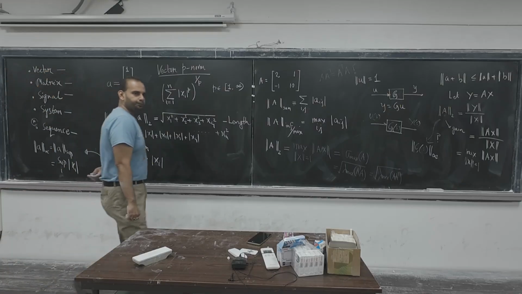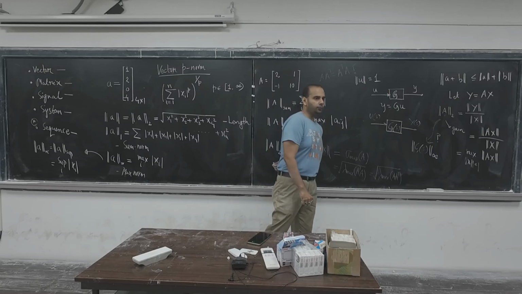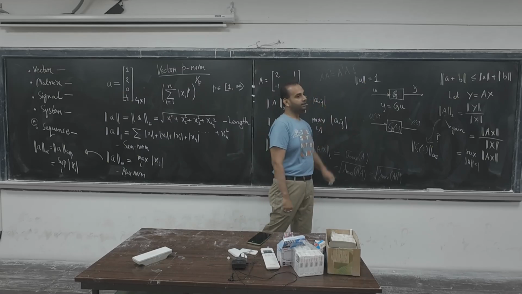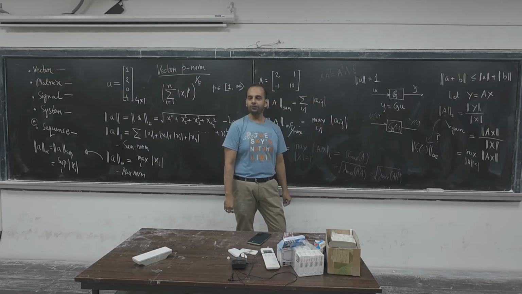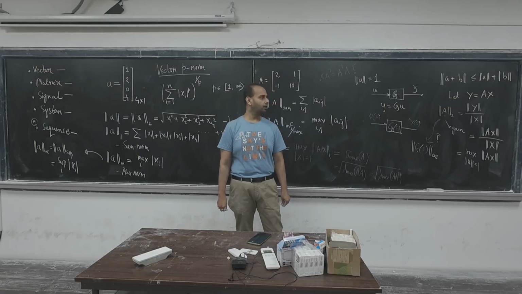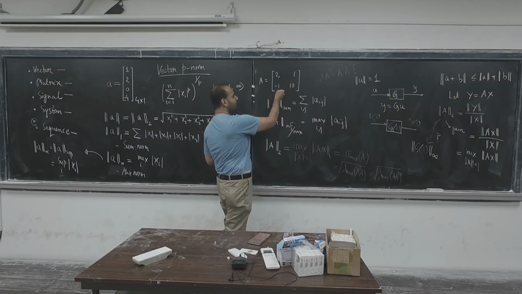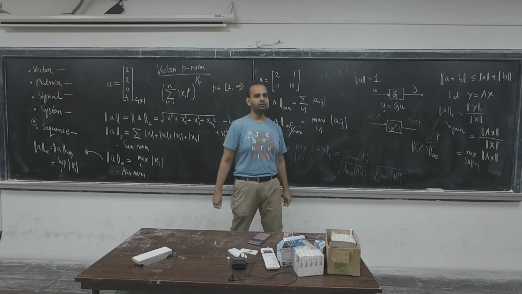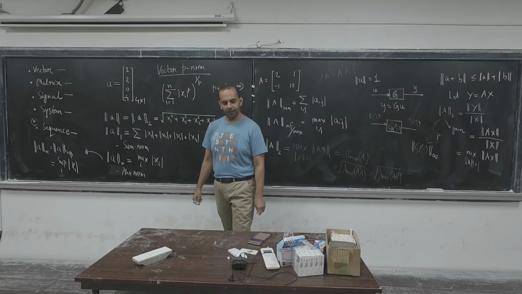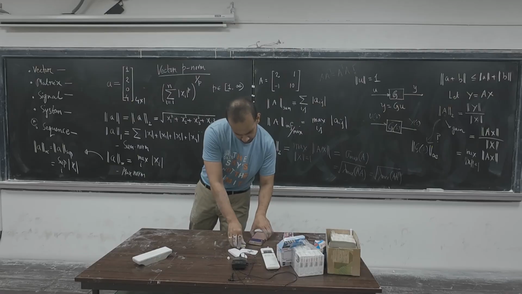Eigenvalues stay the same. Eigenvalues will remain the same, but of course they are not the same, right? If A is a non-square matrix, then, because nowhere did I mention it, although for this example it is a square one, when we define the norms, they are not only for the square ones, right?